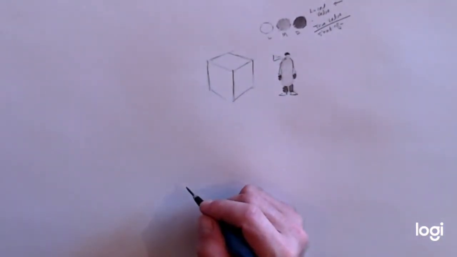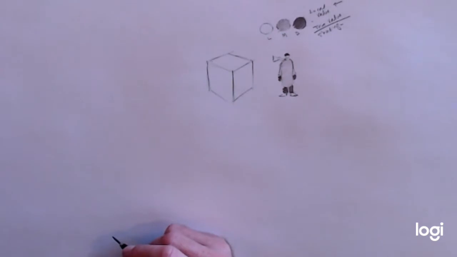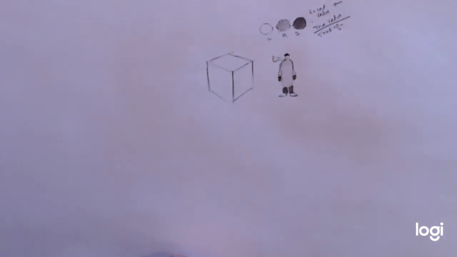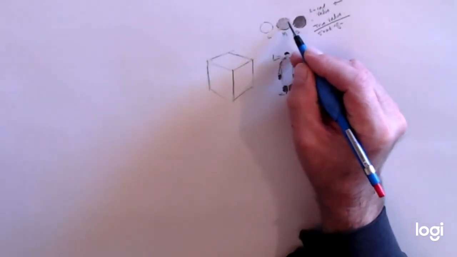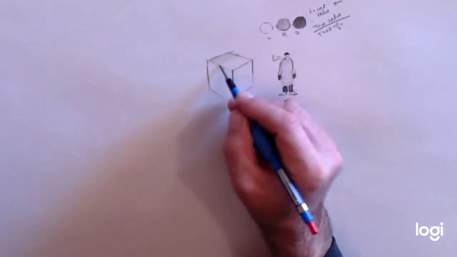Now, another form of shading that we get to deal with is shading caused by the light. Okay, so for instance, if this is a cube, and let's say that the true value of this cube is medium. We'll say that it's a medium cube, so I'm just going to shade it all medium for right now.